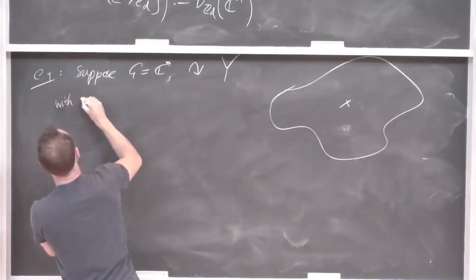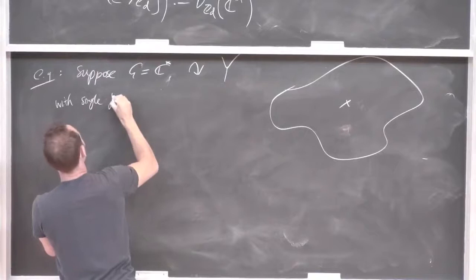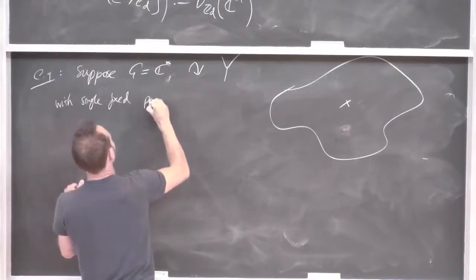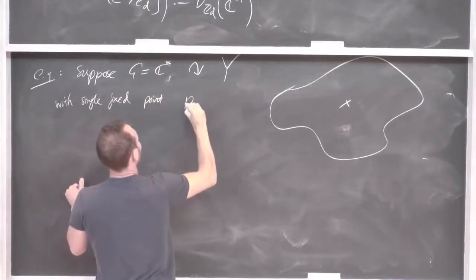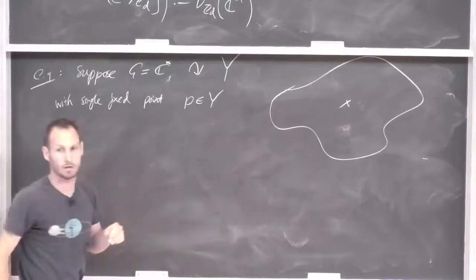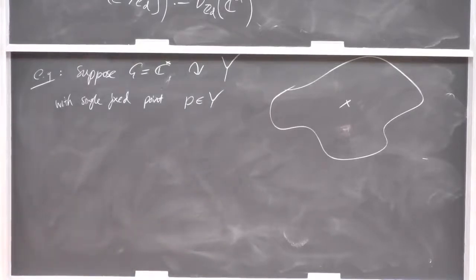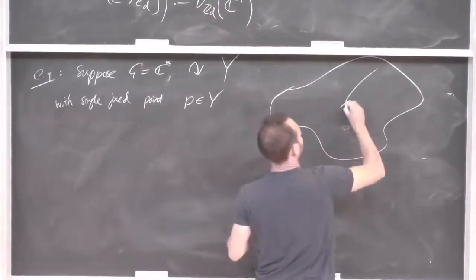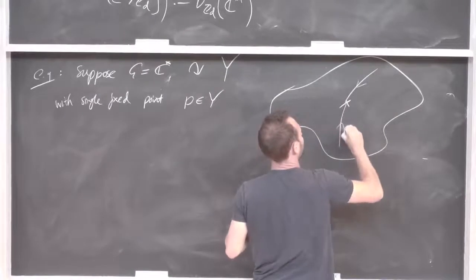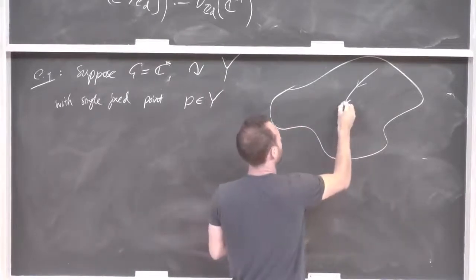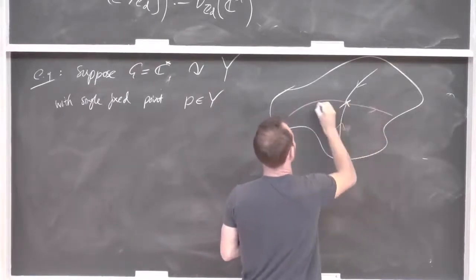Like the origin, right? Except it's not a vector space. Then there are two obvious things you want to consider, which are the locus which flows into this fixed point, the incoming manifold, the stable manifold of it, or the locus which flows out, the unstable manifold.